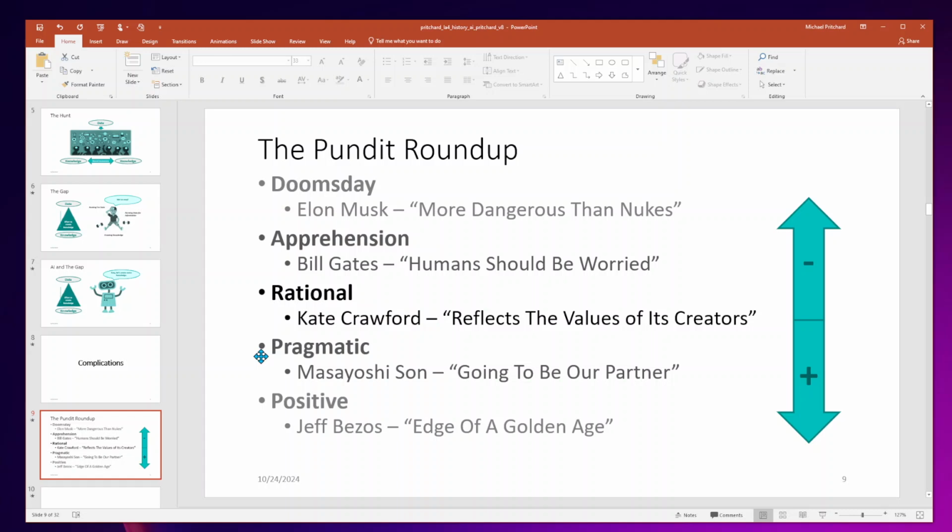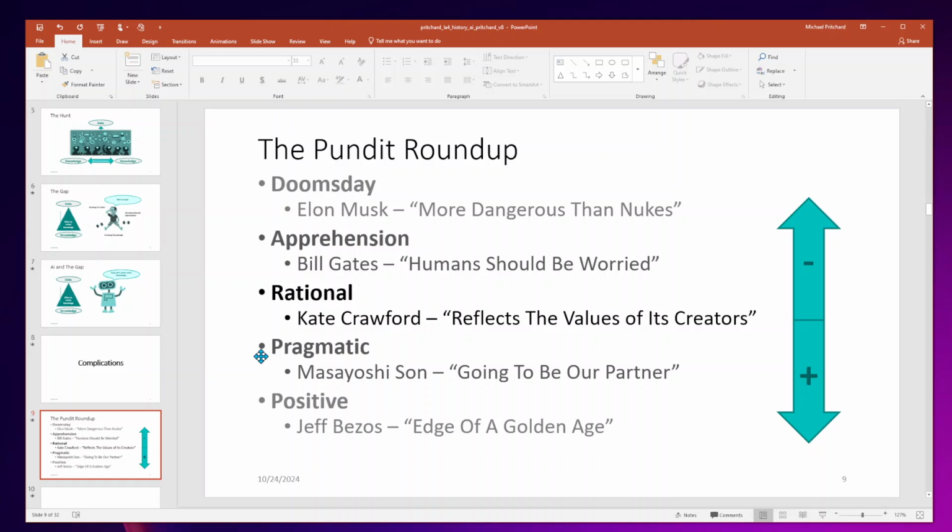From Elon Musk describing it as dangerous, which I think is ironic, because he's one of the forefront people in the AI business, and then apprehension from Bill Gates, to a more rational, balanced approach from Kate Crawford, to more positive.